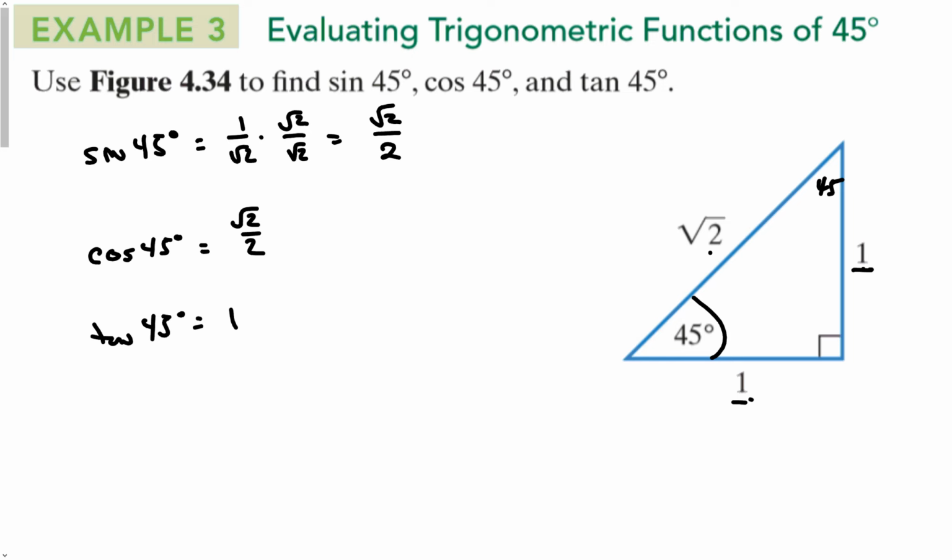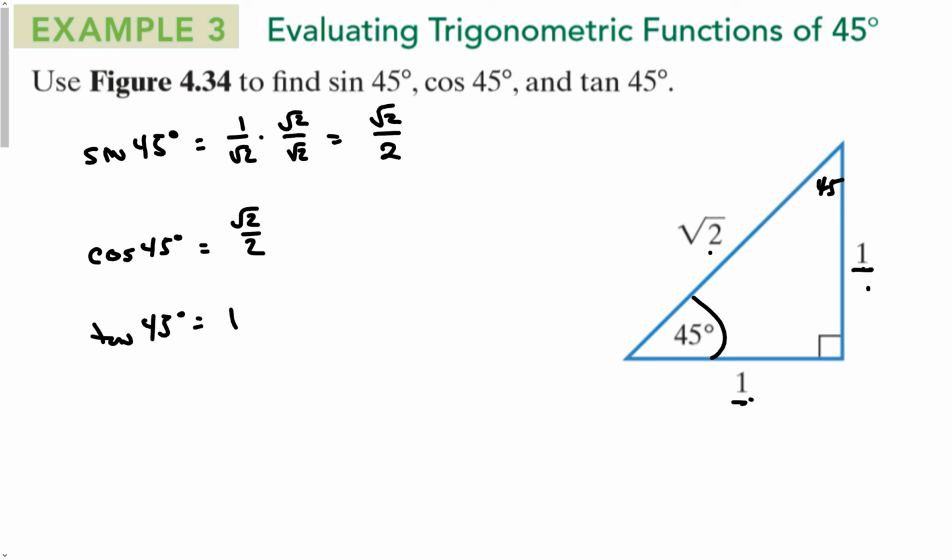So on the unit circle definition, right, we had to make this 1, and then we had to figure out the other sides, and we did some other stuff. With the right triangle definition, it doesn't matter what this length is right here. I can make it anything I want. And in this case, having the other sides be equal to 1 is a little bit easier, okay? So that is a 45, 45, 90 triangle.